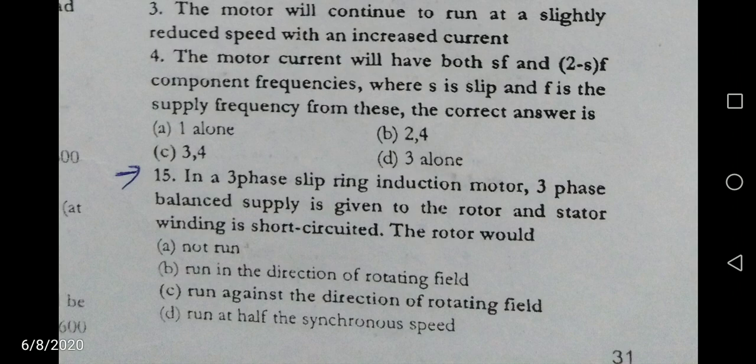So it runs against the direction of the rotating magnetic field. When the supply in the induction machine is given to the stator or the rotor, for the better choice purpose we give it to the stator only, but it can be given to the rotor also. So it runs against the direction of the rotating magnetic field.